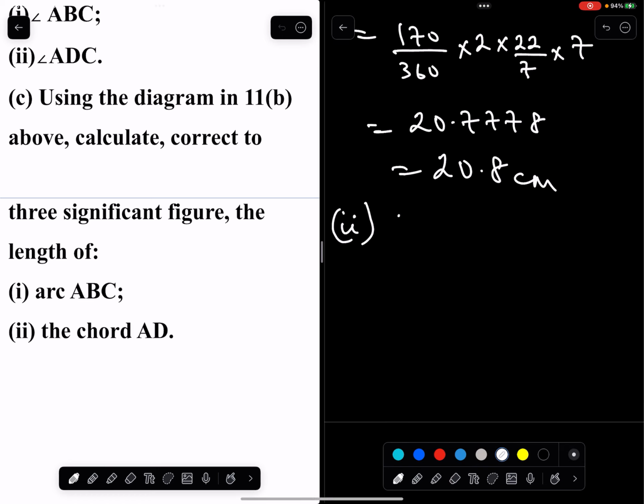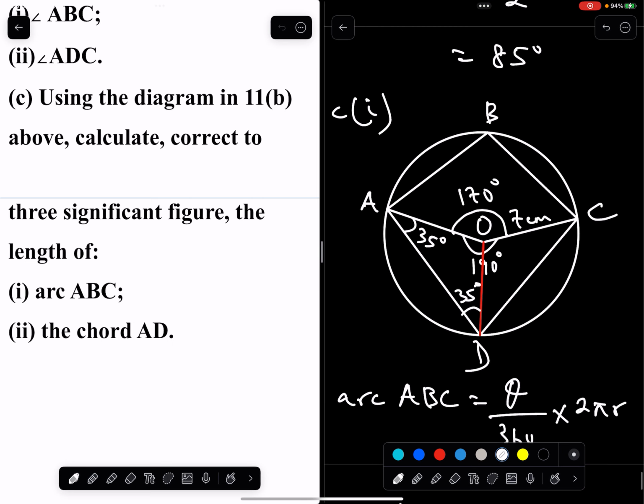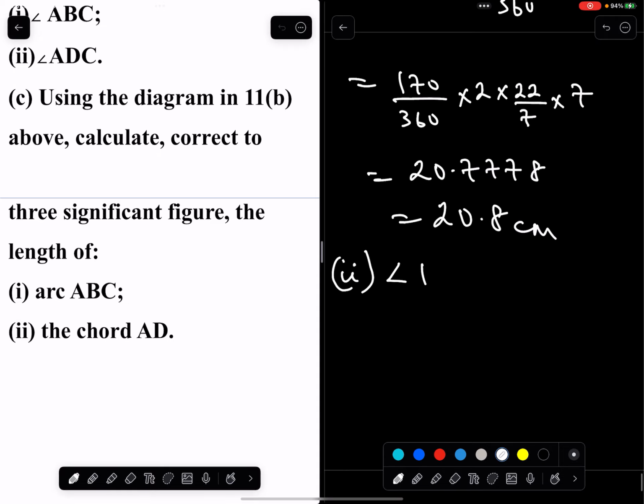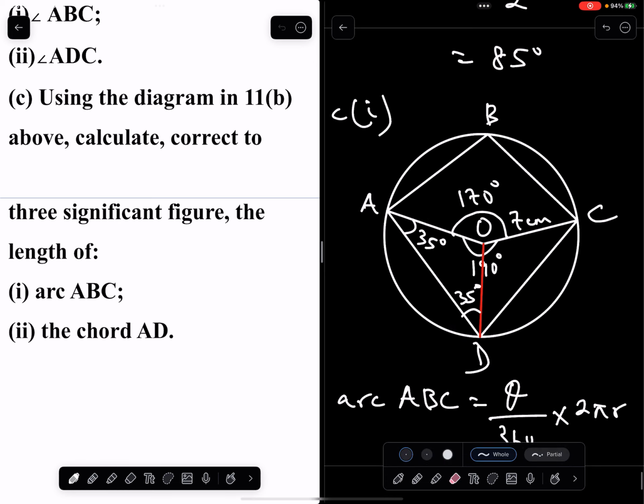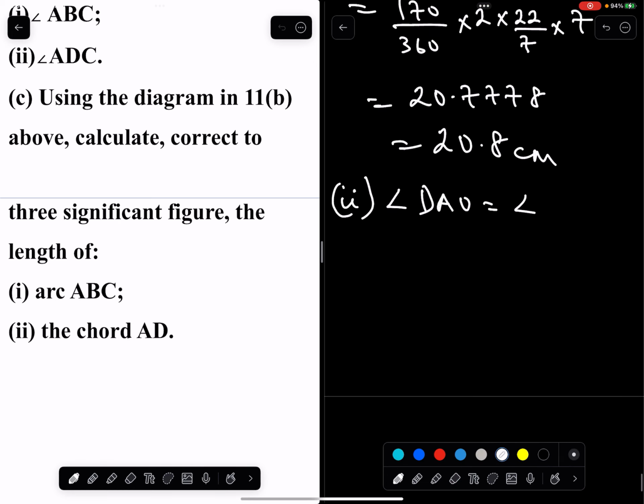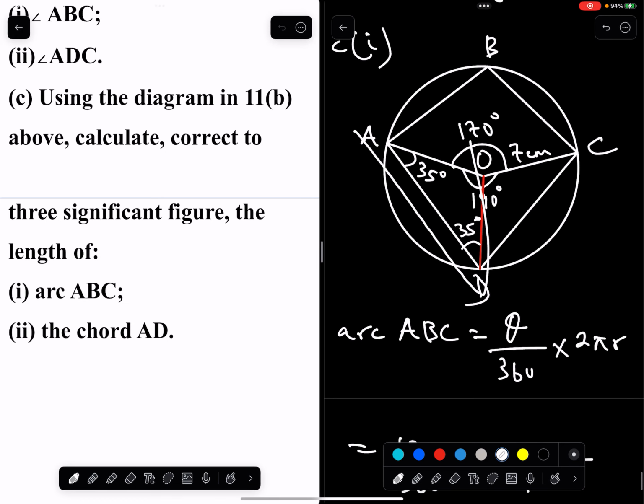So angle DAO is equal to angle ADO, because OA is a radius and OD is also a radius.